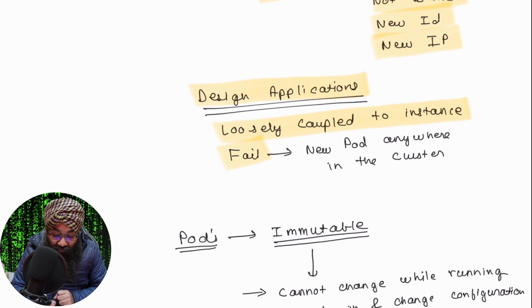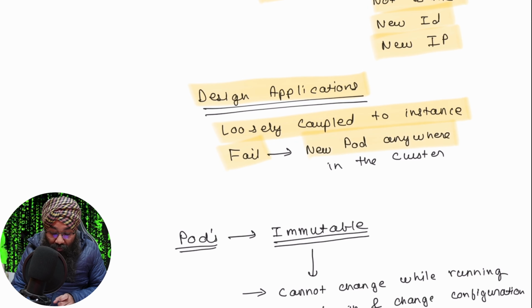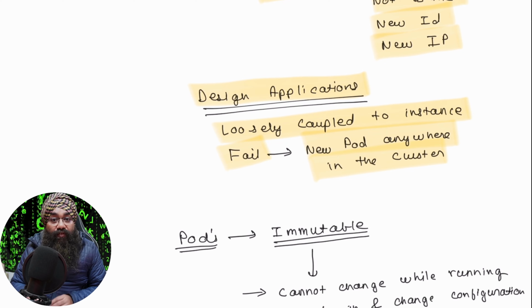And if they fail, a new pod will be started anywhere else in the cluster. So you need to keep these things in mind when designing your application. You cannot design your application assuming that things will never fail. While designing, you have to consider what will happen when things fail. So you have to understand this basic nature of pods while designing your app.